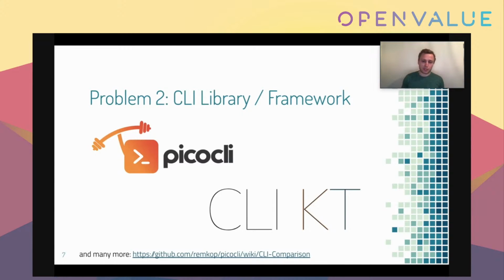However, because Clikt is native for Kotlin and has a very nice DSL for Kotlin, we decided to go for Clikt. Picocli also has a list of command line interface library comparisons, and the link is listed below. There are dozens of libraries and frameworks listed.